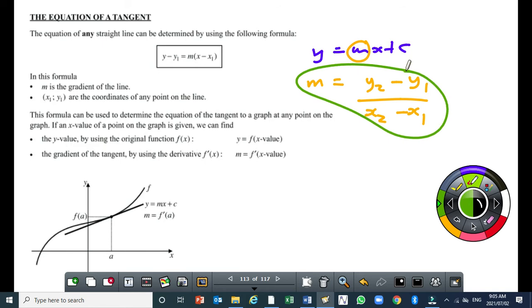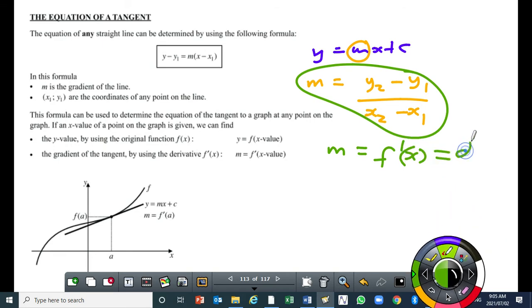We use the fact that m is equal to f prime of x, which is also equal to dy over dx. Remember, f prime of x, that is the first derivative, is the gradient. That gradient is equivalent to m, the m that you are used to from grade 9.